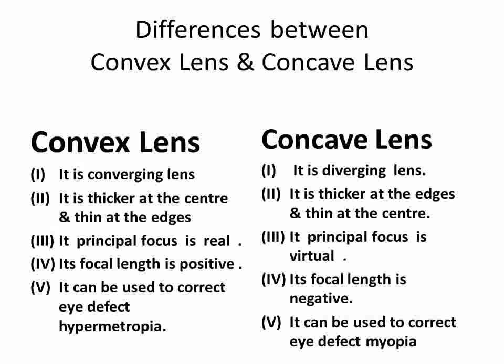And fifth point, convex lens can be used for correction of hypermetropia. Convex lens is used by old age persons, generally more than 50 years, who are unable to read newspapers. Therefore, they use convex lens for magnifying the size of letters.